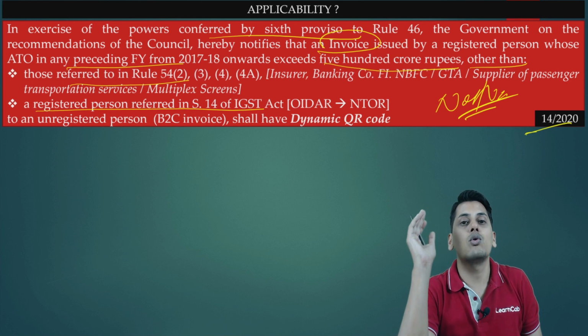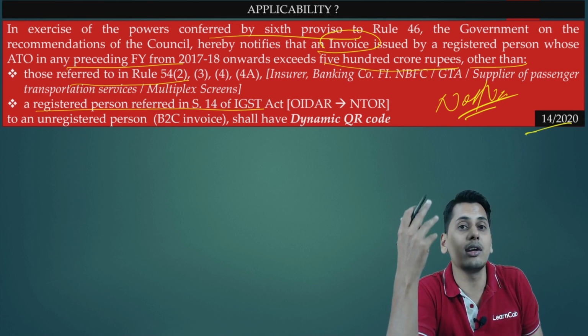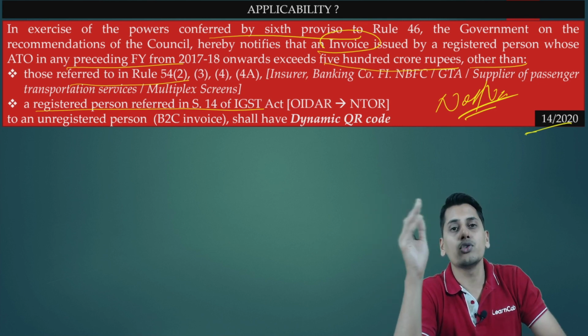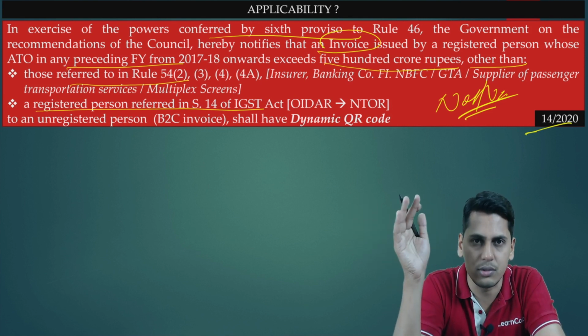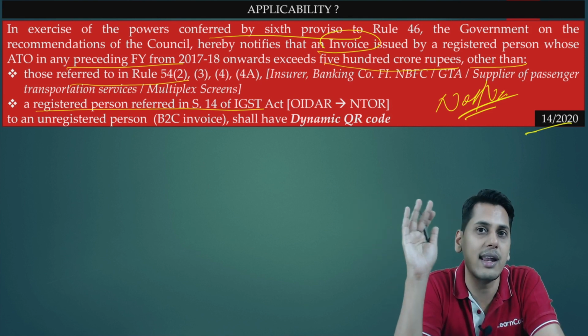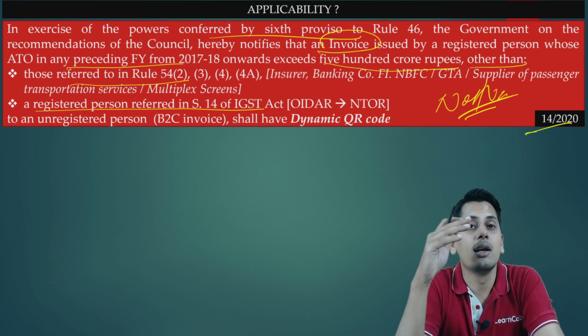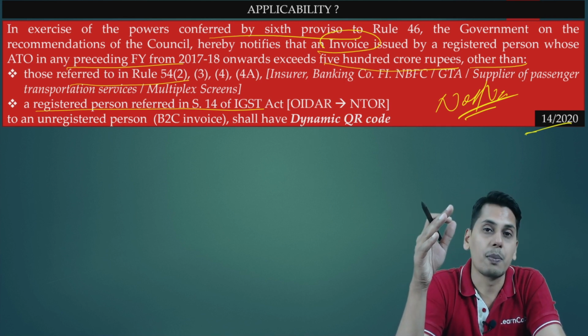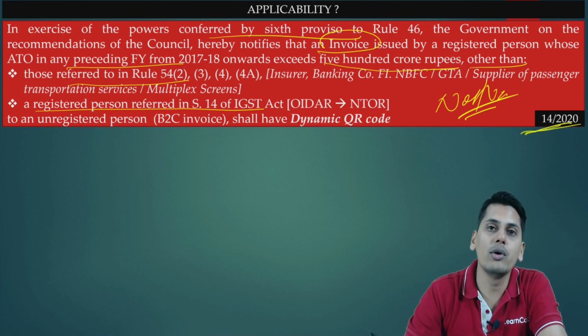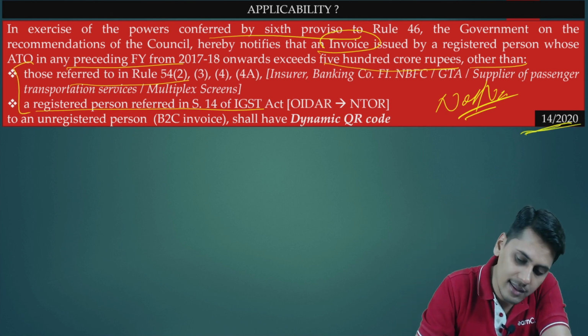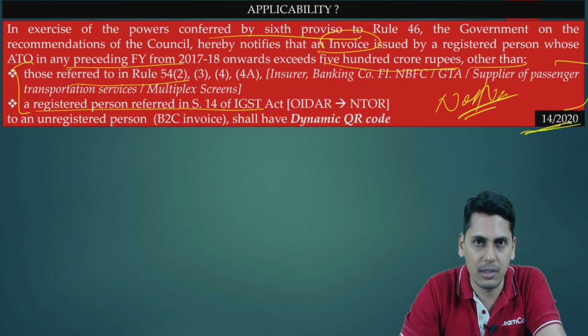Netflix is an OIDAR service provider located in non-taxable territory, and let's suppose you have subscribed to Netflix as a non-business account, as an end user for your personal use. So you are a non-taxable online recipient. In this case, for the invoice issued by Netflix, this notification is not going to apply, because these are the excluded class of registered persons.